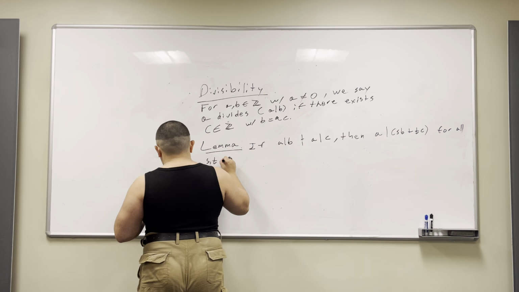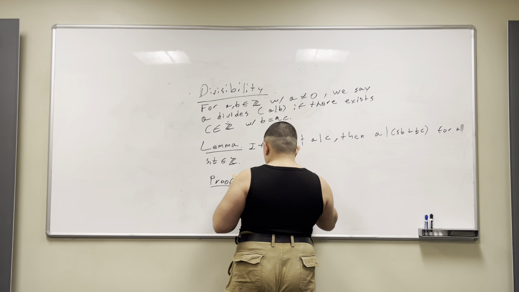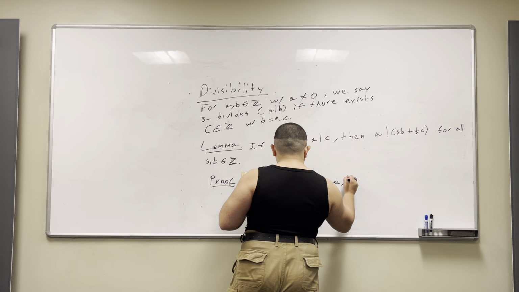Proof of this: write b equal to ak and c equal to al.